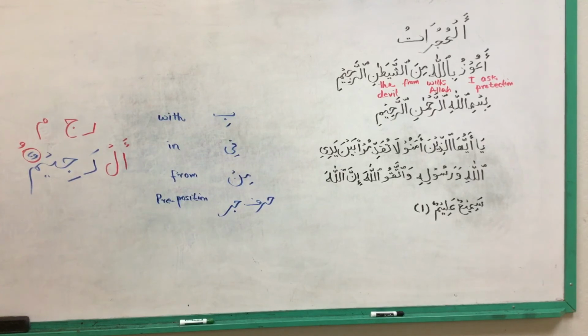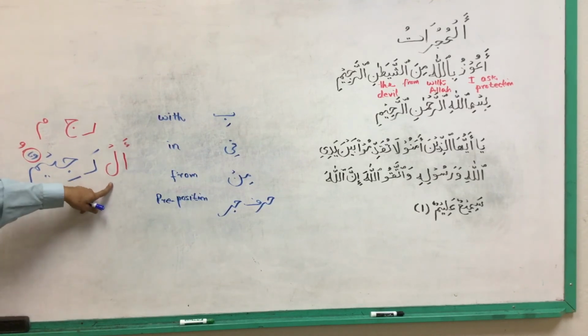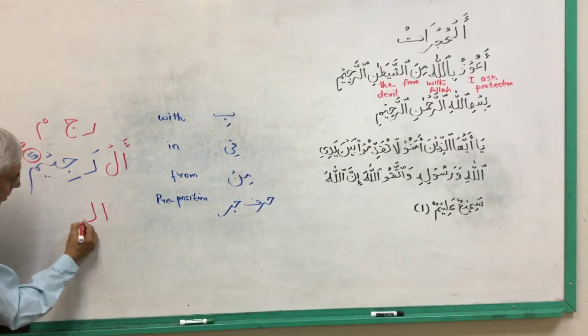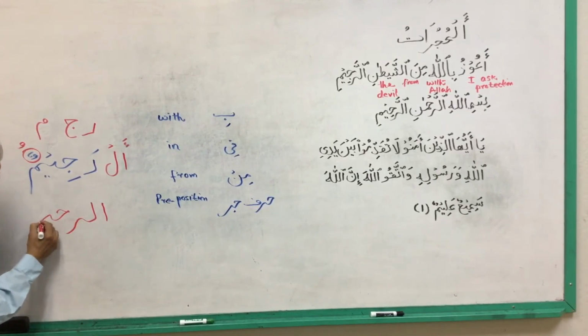The cursed one with intensity. And then again, when you pronounce these two together, Ra will change the sound of Lam and it will be pronounced as Ar Rajimu. So this will become Ar Rajimu.